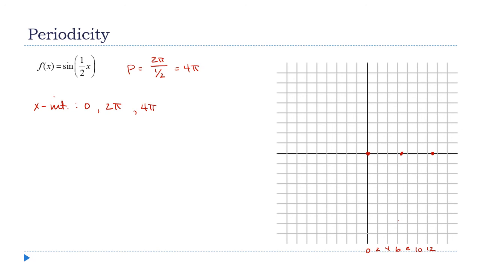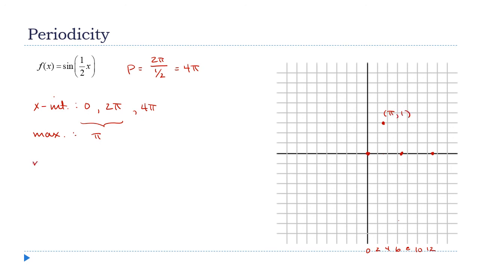Okay, so where are my maximum and minimum values? The maximum will be between the first two x-intercepts. That's going to be at pi. So I'm going to go over 3 something and up. That point is pi, comma 1.